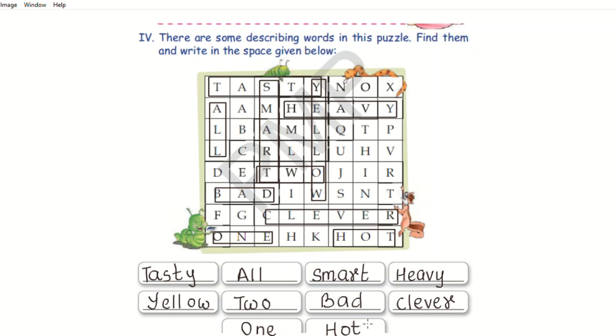So we have written here all the describing words from the grid.